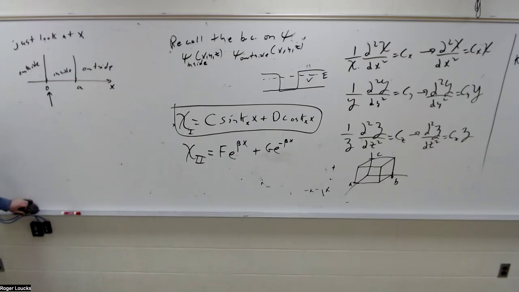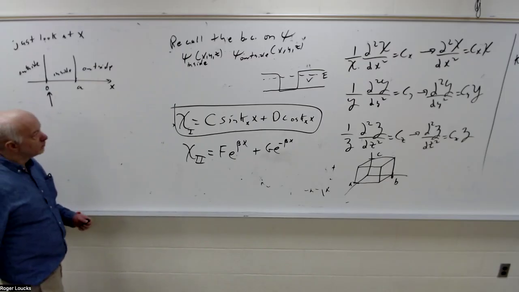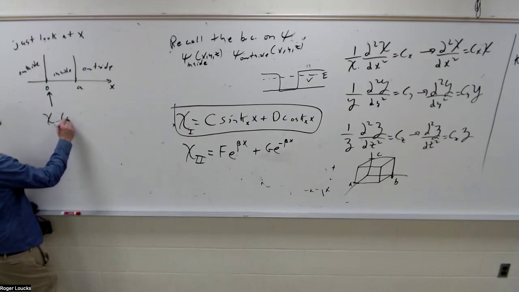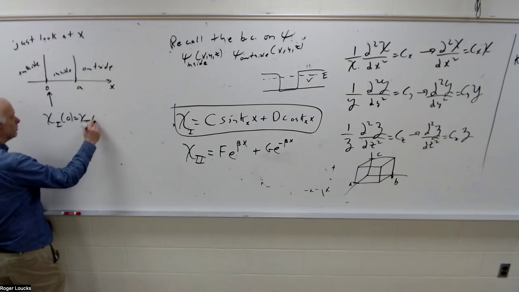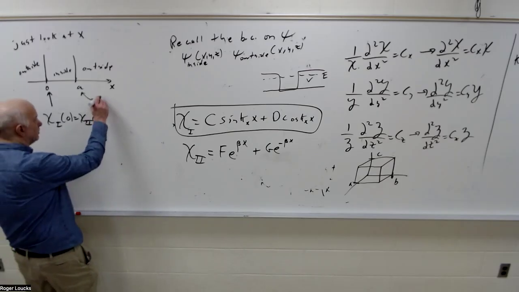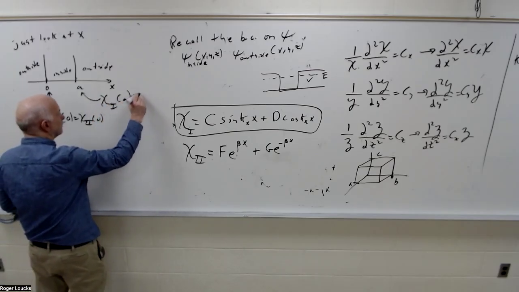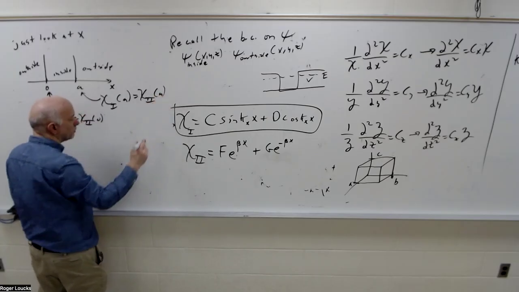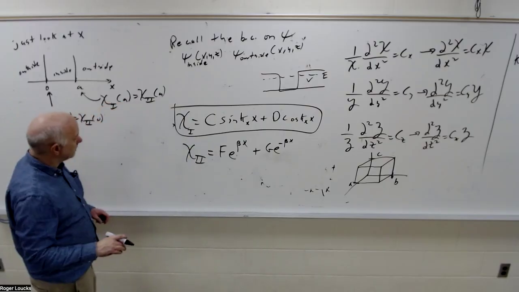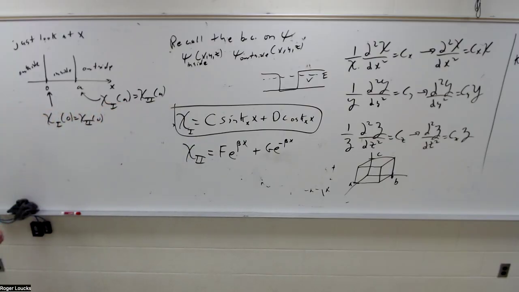Chi 1 of 0 has to equal chi 2 of 0. This is chi 1 of 0, this is chi 2 of 0. And what do we have on this side here? Same thing, but with a. The chi 1 mixed with this chi 2. We'd really have a psi 3 with different coefficients, but I'll be a little sloppy here. Okay, does that make sense?